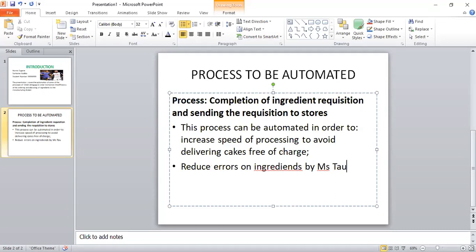So that can lead to her failing to record properly, which can result in losses as cakes can be rejected. That is why it should be automated.